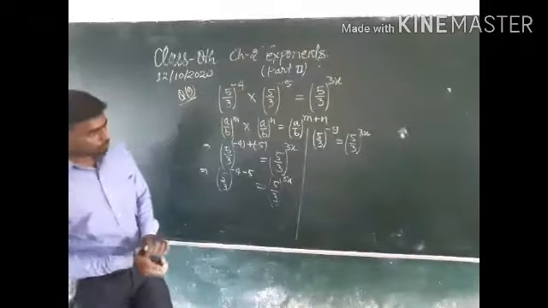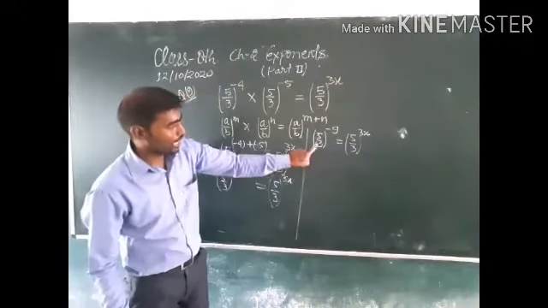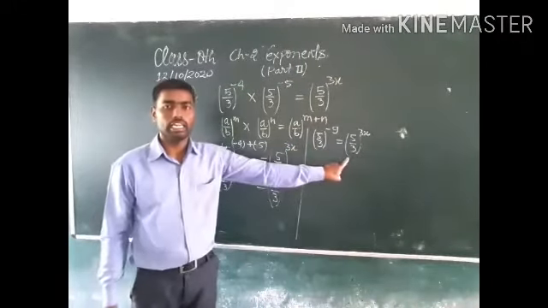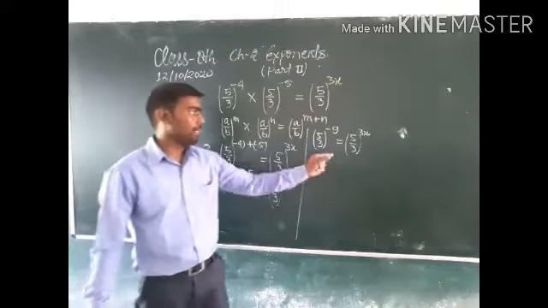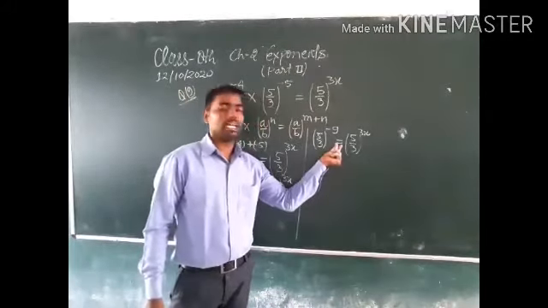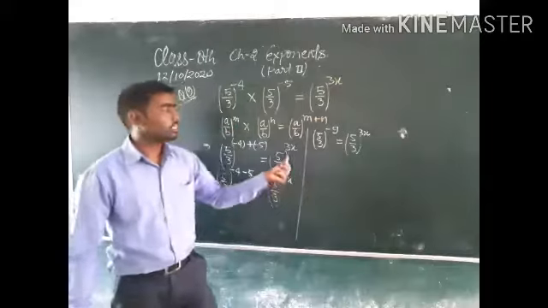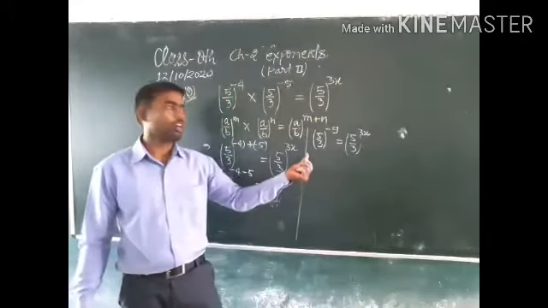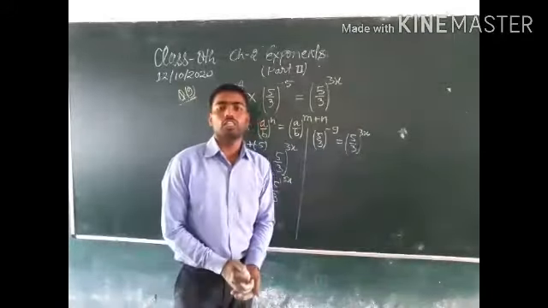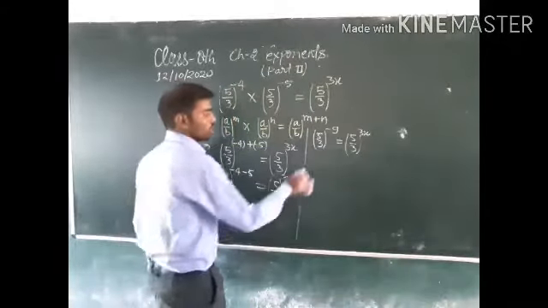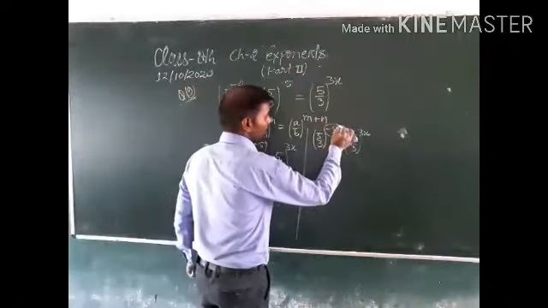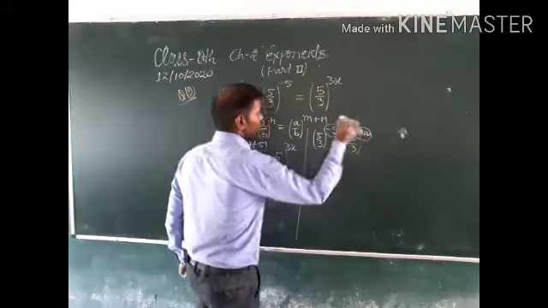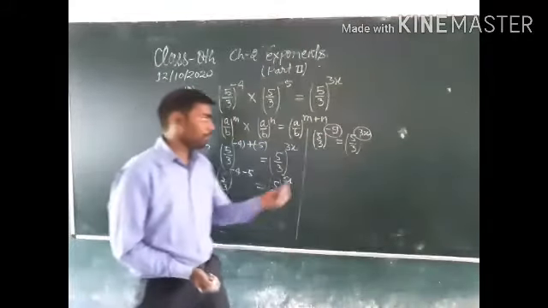Here you can see the base is equal, and between these two there is an equal sign. It means the power or index of these two is also equal to each other, because the base is equal.